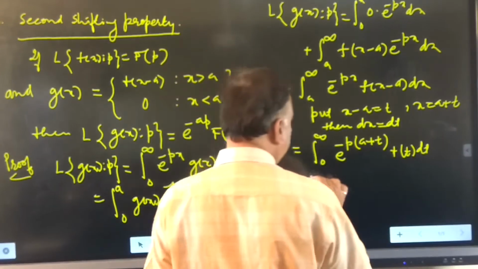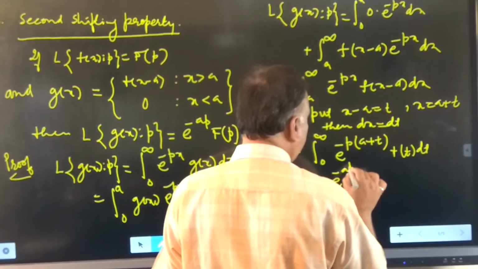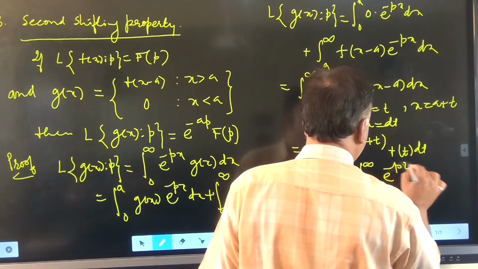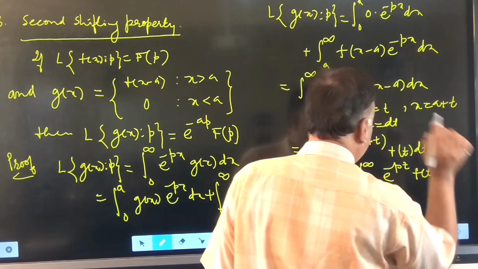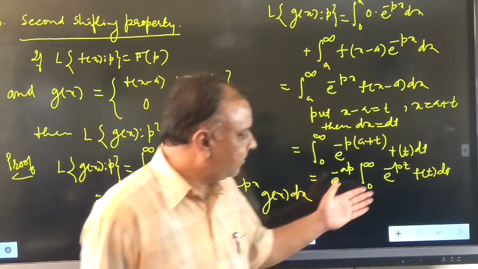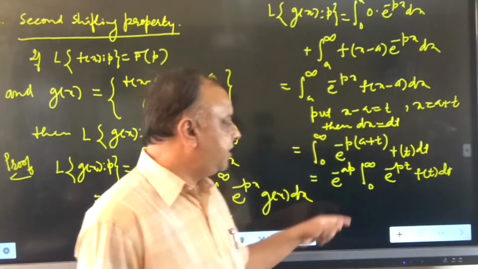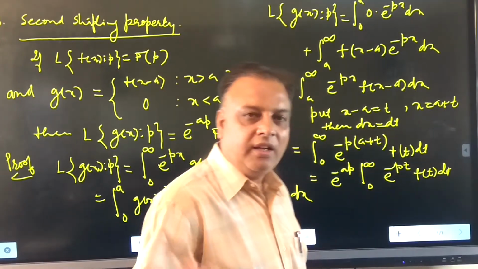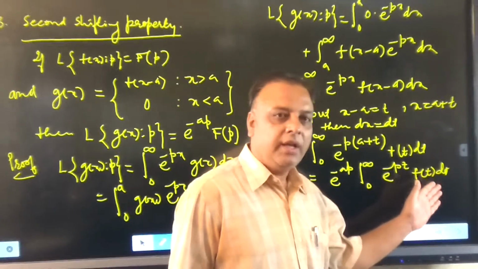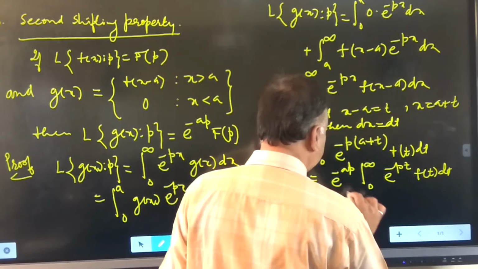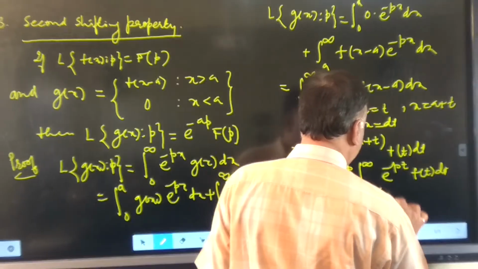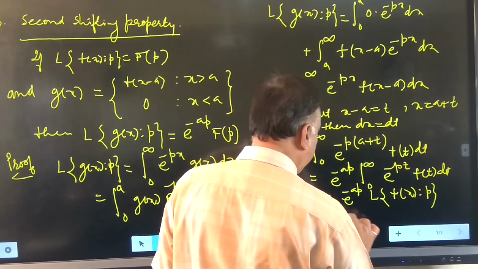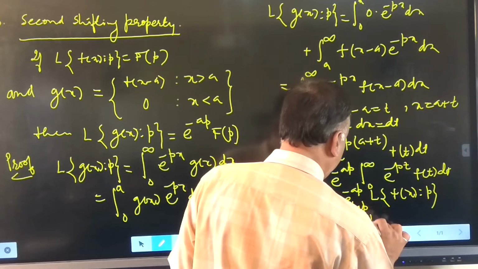We can solve this as e raised to minus ap coming out of the integral from 0 to infinity of e raised to minus pt f(t) dt. If we compare this with the definition of the Laplace transformation, we see that the integral is nothing but the Laplace transformation of the function f(x). So this is equal to e raised to minus ap times the Laplace transformation of f(x) with respect to parameter p, and we can write it as e raised to minus ap f(p).